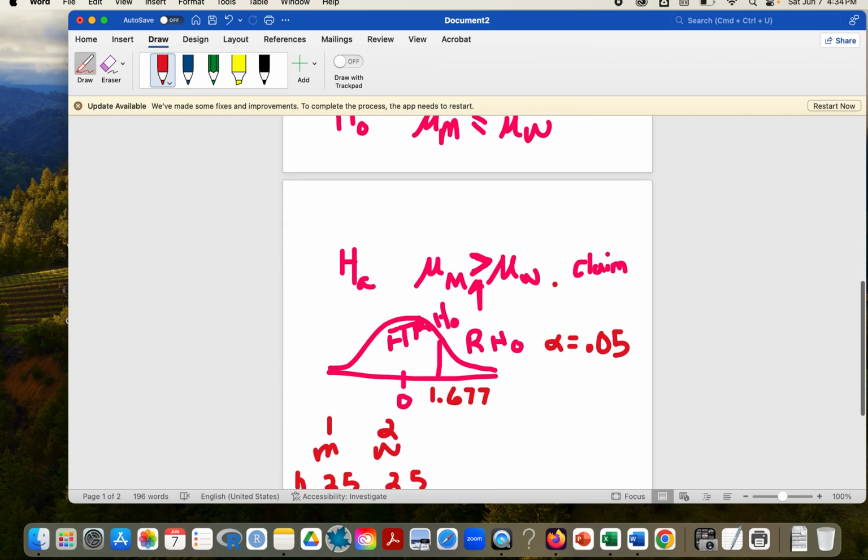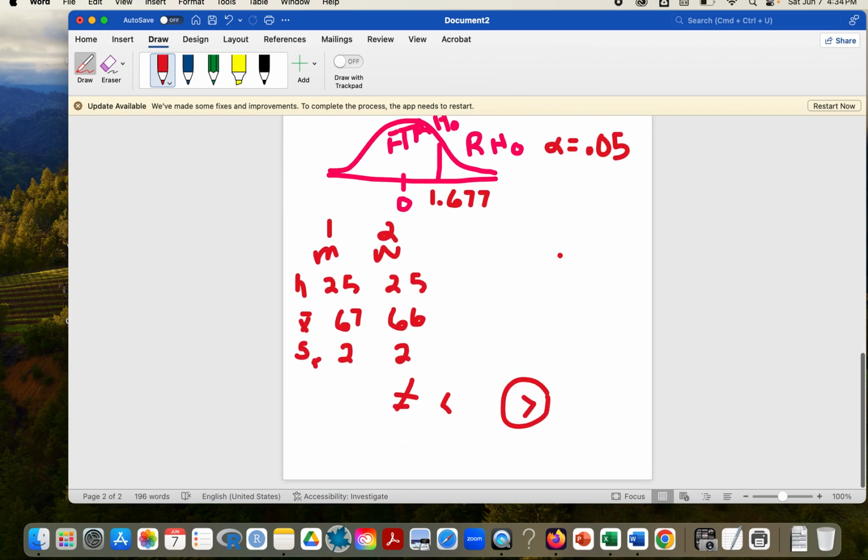Since it says the variances are equal, we're going to hit yes on pooled, and then go ahead and calculate. And so we're going to get a t-score equal to 1.7677, and the p-value is equal to 0.04.